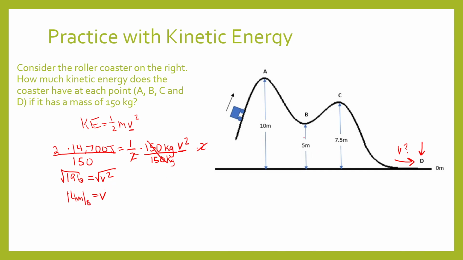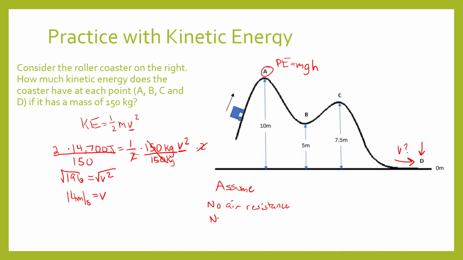So just by finding the potential energy at point A, when we found the potential energy to be equal to mass times gravity times height, I am now able to find out how fast it's moving at the end of the roller coaster. Now, we are making some assumptions. We're assuming no air friction or air resistance.